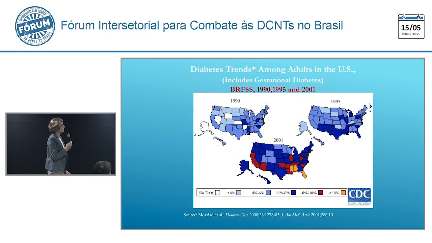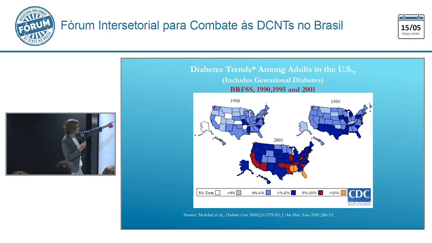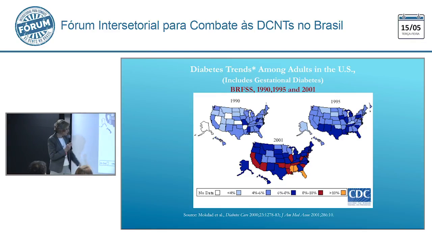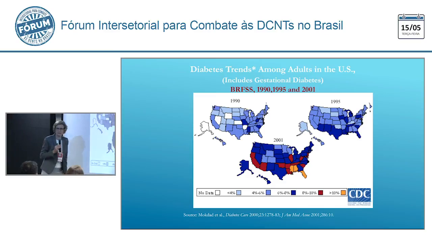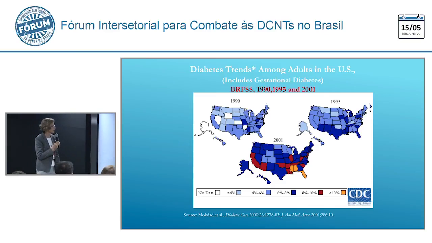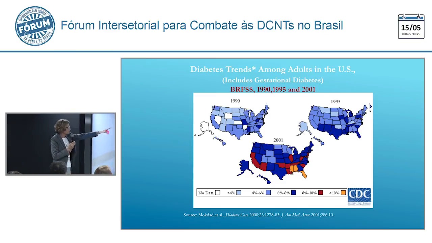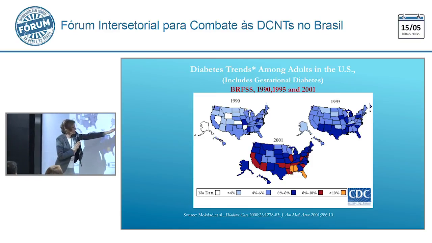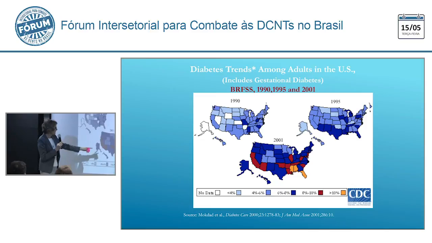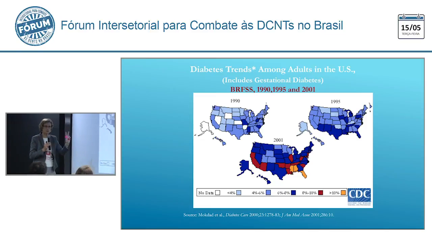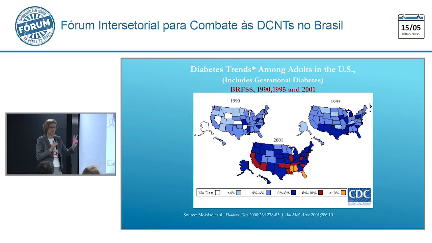Here are some trends among adults in diabetes in the US. And when you look at the map, it's just astounding. So here in 1990, the highest rates are dark blue, and that's a rate of 6 to 8% of adults having diabetes. 5 years later, more states are dark blue, and the light blue ones are turning darker. 6 years later, we have to invent 2 new colors because the rates of diabetes have increased so much.